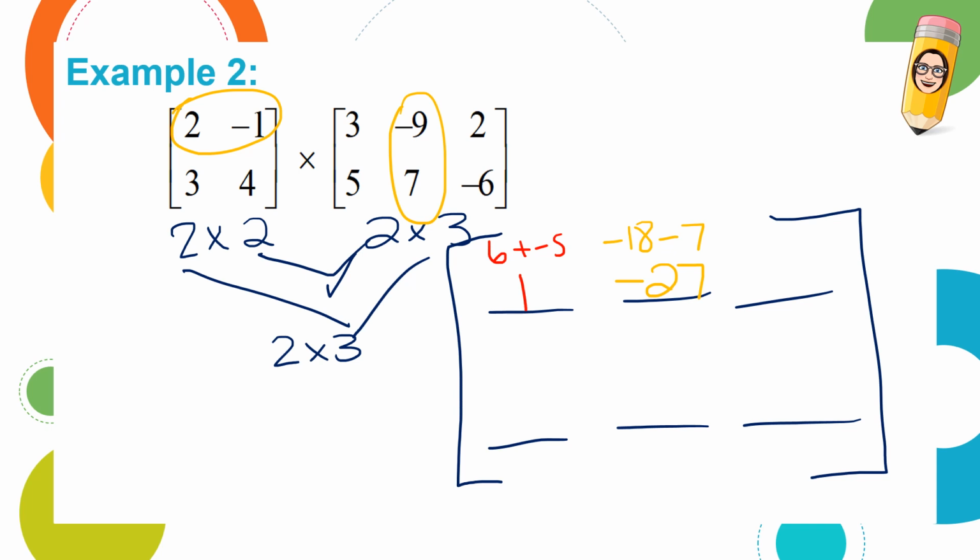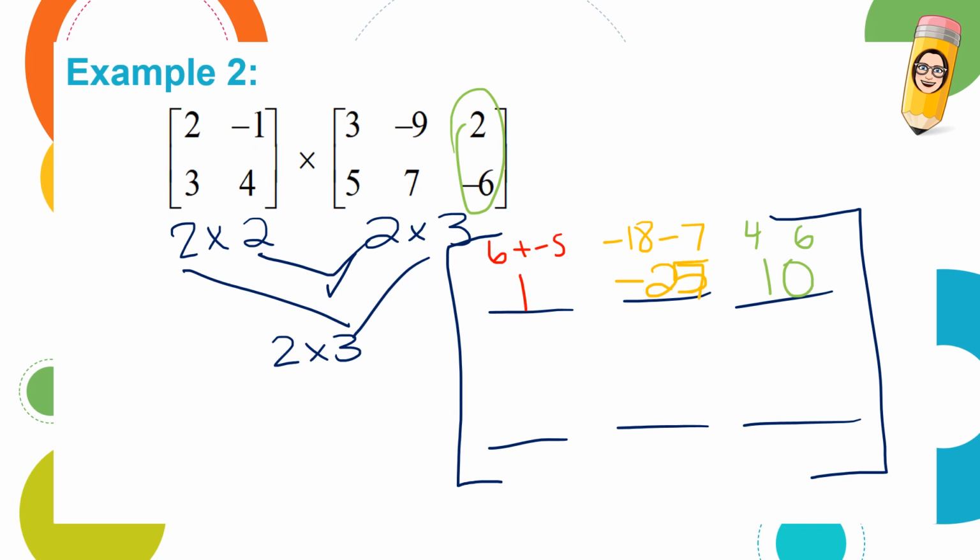Whoops, that's not 7. Oh my goodness. Negative 25 there. All right, let's take a look at the next. Again, I'll likely make silly errors, so you just fix, all right? Top right. 2 times 2, negative 1 times negative 6. 10.